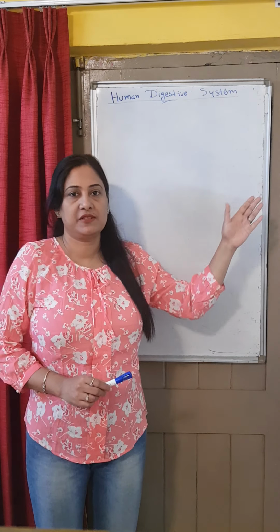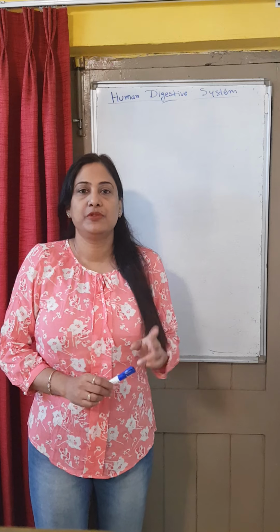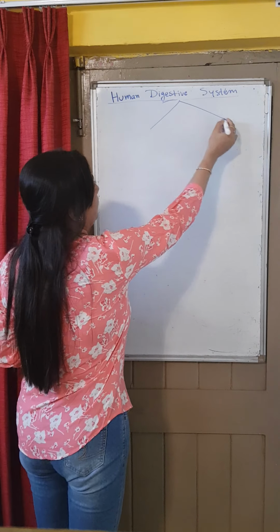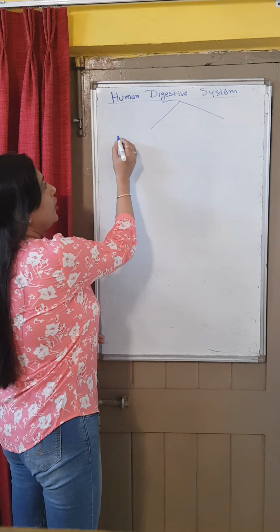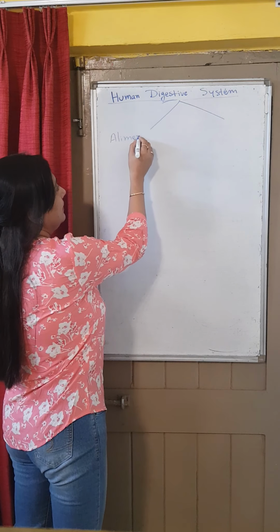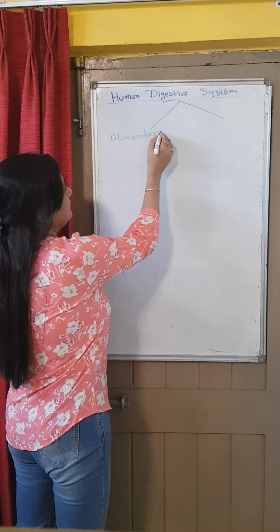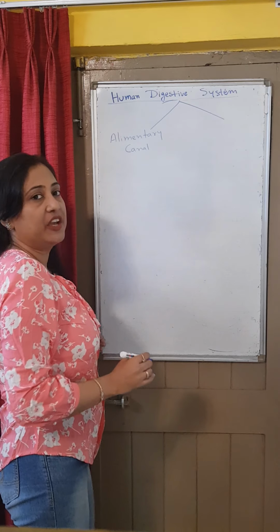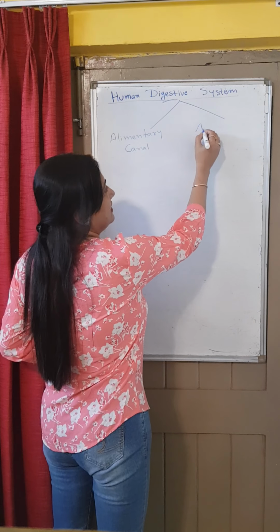Human digestive system. It is made up of two parts. First part is a long tube called alimentary canal. And second part is accessory glands.